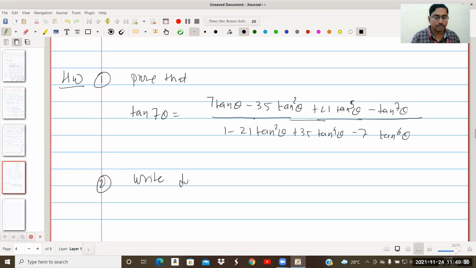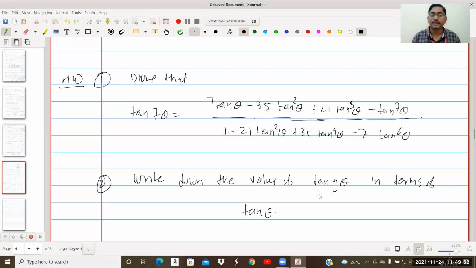Write down the value of tan 9 theta in terms of tan theta. Try to solve this.